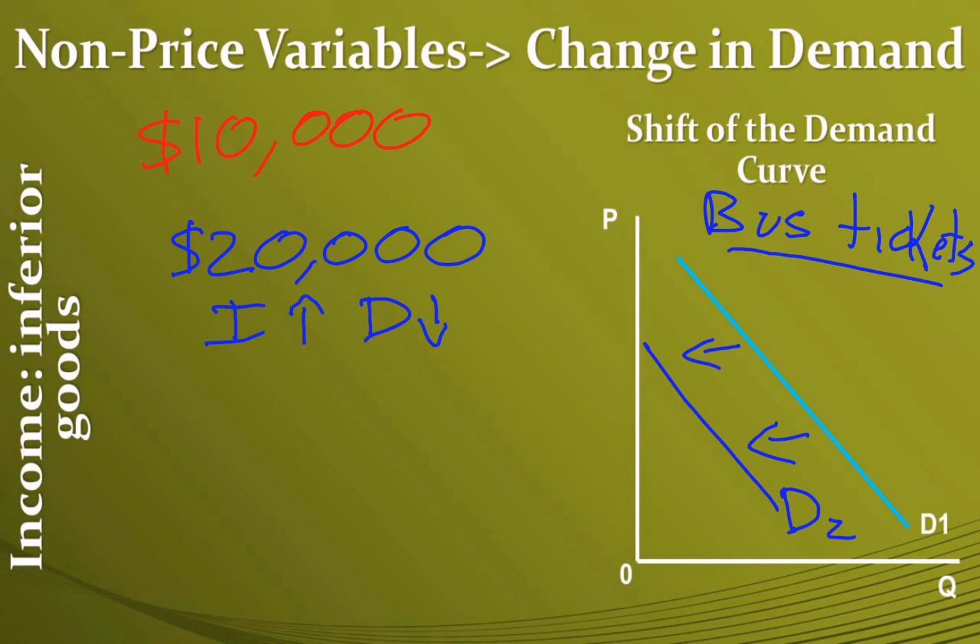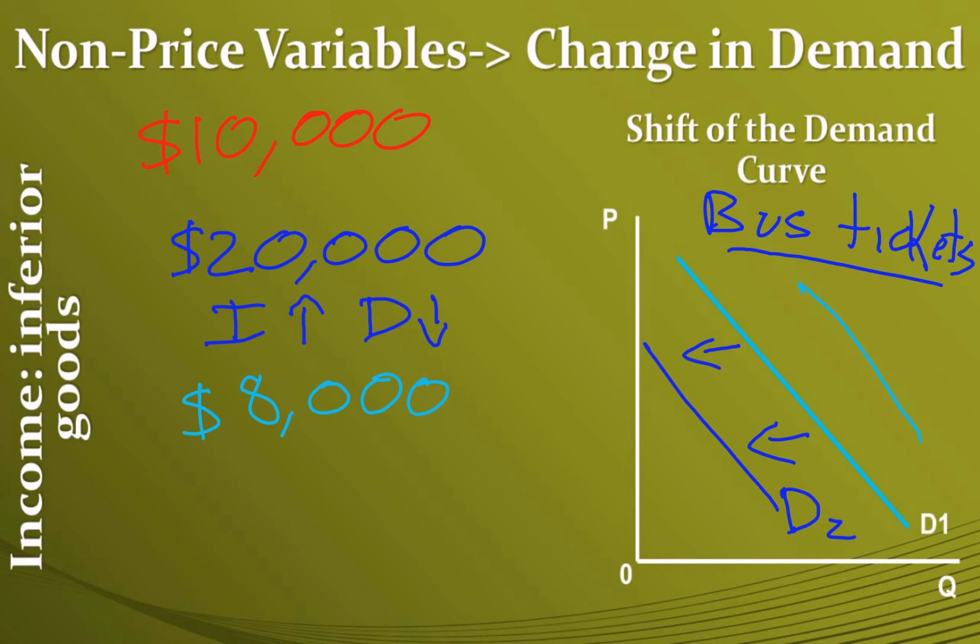On the other hand, if your income were to be reduced from 20,000 to 8,000, what will happen is that instead of buying airplane tickets, you will go back to buy bus tickets, and if at any point you had any kind of demand for airplane tickets, you will substitute that for bus tickets.